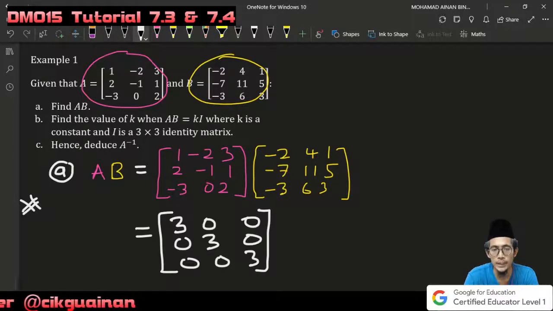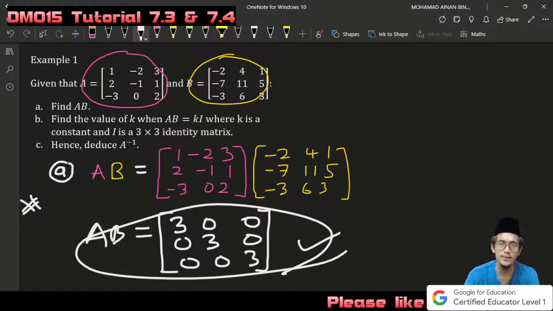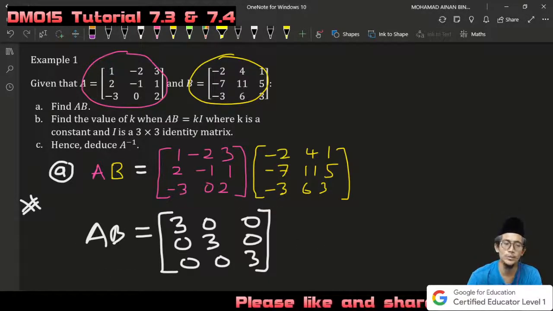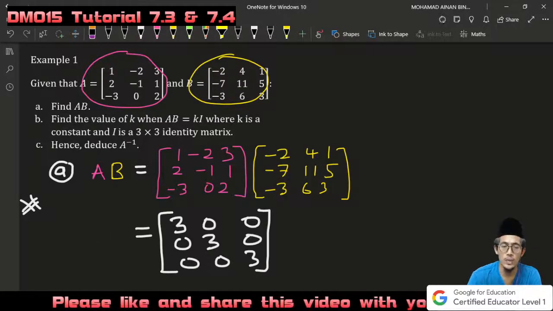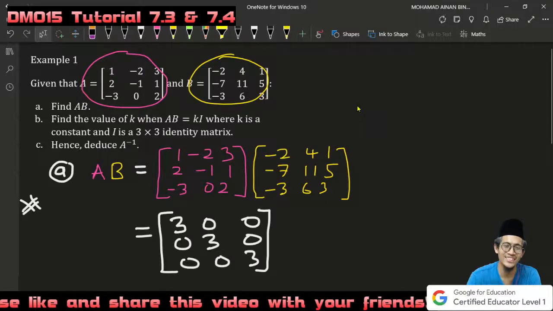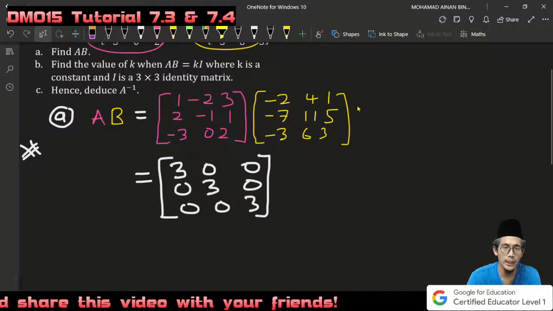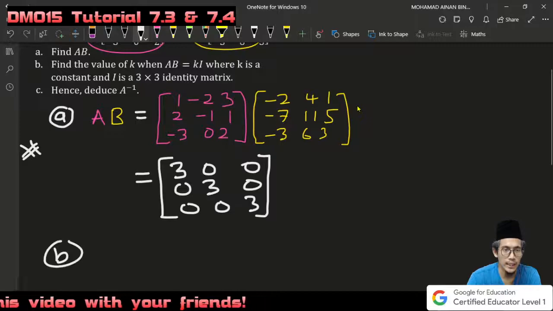Please paling teruk pun kamu tulis ni dulu. Jangan kamu tulis AB sama dengan ini je. Kalau kamu tulis macam ini saja, you may risk your marks to be less. Maka kamu takut nanti makin kurang, sebab tak ada nampak jalan kerjanya. Okay, now next. Find the value of K when AB equals KI.